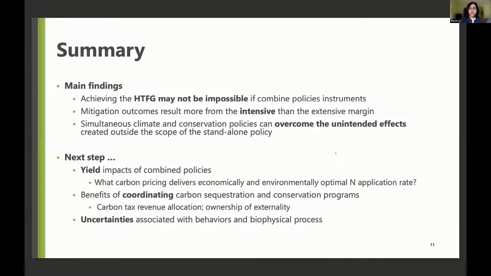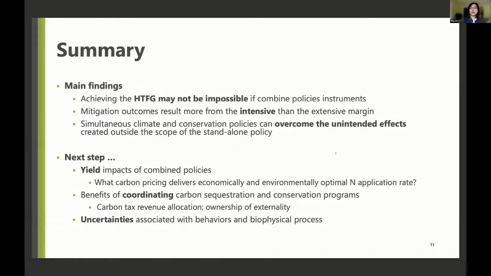We do see the combined policy has some advantage in overcoming the negative externalities caused by the policy implementation alone. So the next step, we'll look at some yield impacts of the combined policy.